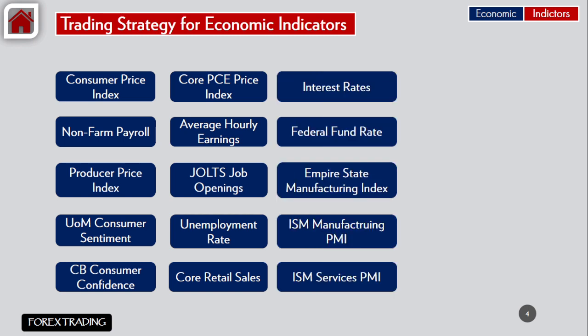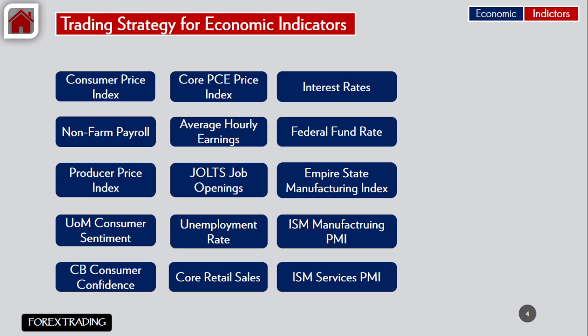And then we have interest rate, how the central banks of each country play with their interest rate to control the overall supply of money. And then we have federal fund rate, Empire State Manufacturing Index, ISM Manufacturing PMI, and ISM Services PMI.